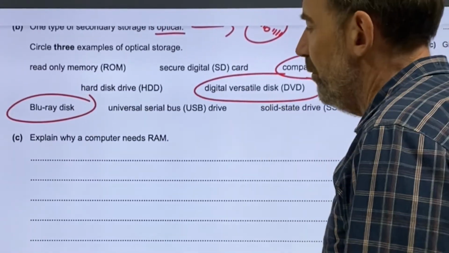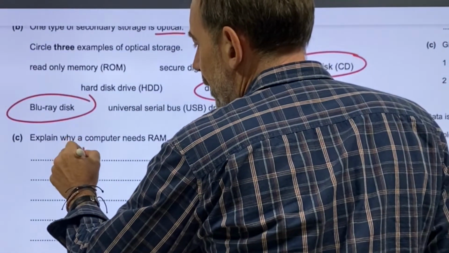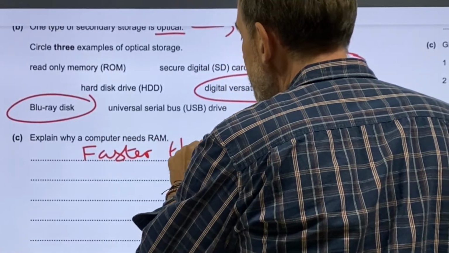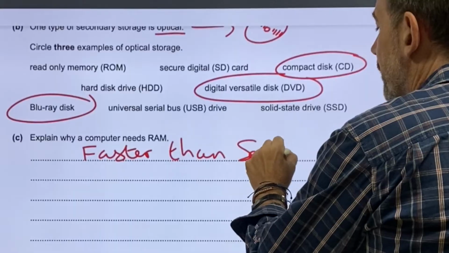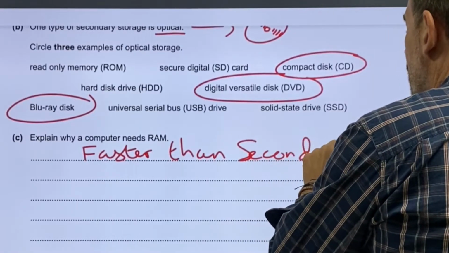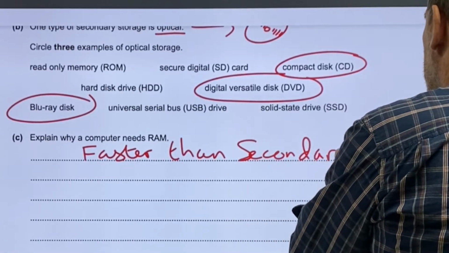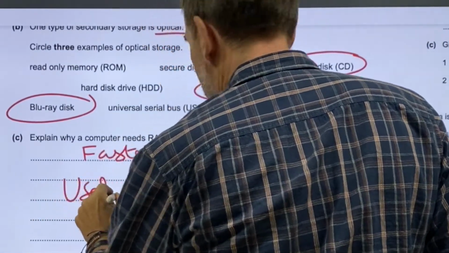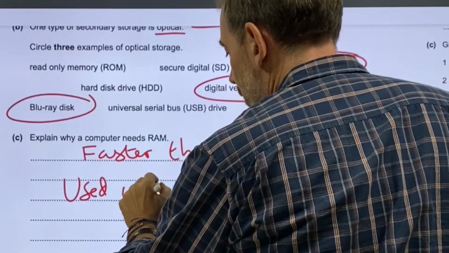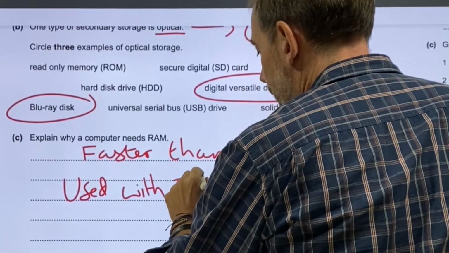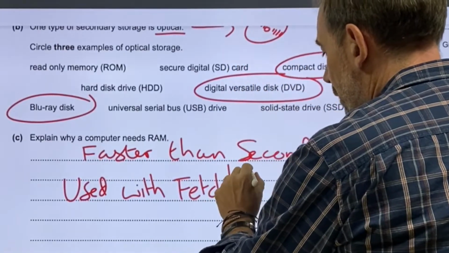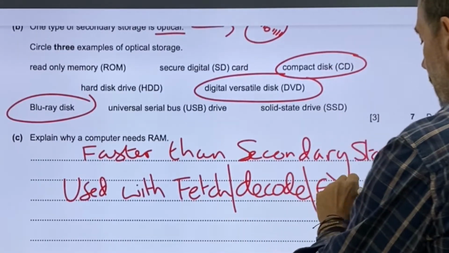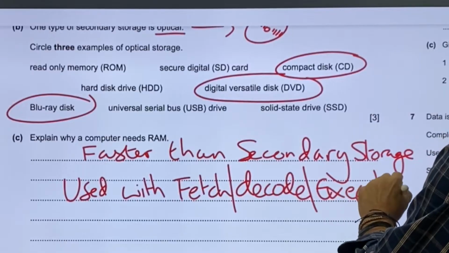Explain why computers need RAM memory. RAM is faster than secondary storage, used for 3 marks with the fetch, decode, execute cycle.